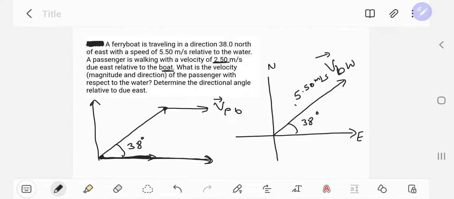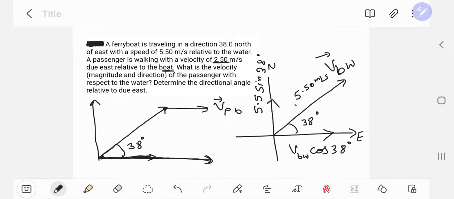And now let's resolve the components of the boat's velocity, the x component here and the y component. So the x component will be v_bw cos of 38-degree, and this will be the sine component, so I will just use the value, sine 38-degree. Okay, and now what will be the resultant vector?